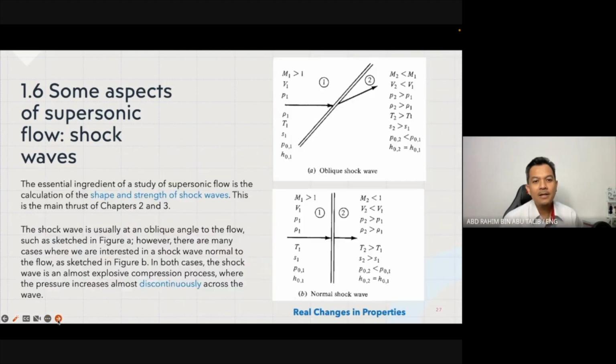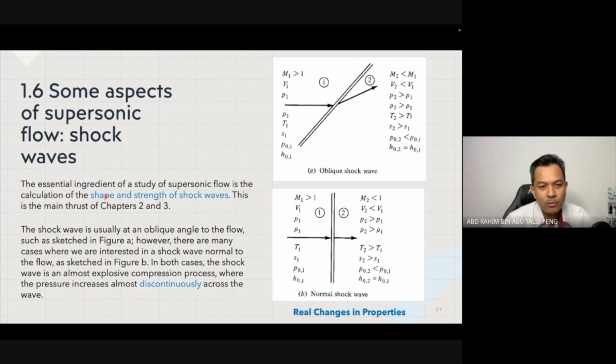All right, so we will be seeing this more when we go into the detail of examples. So the essential ingredient, when we say that the properties change across the shock wave, even though it is a very thin layer, is the calculation of the shape and strength of the shock wave.